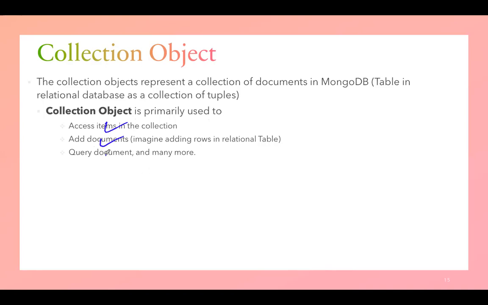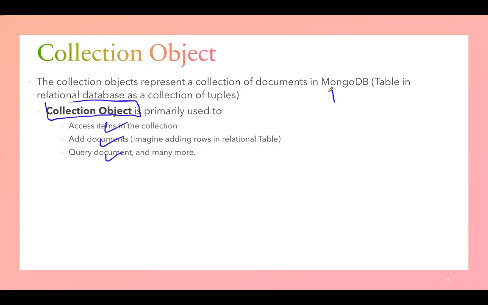If you want to query documents, for example Twitter users who are 25 years old and above, I need this collection object. So this is very important.